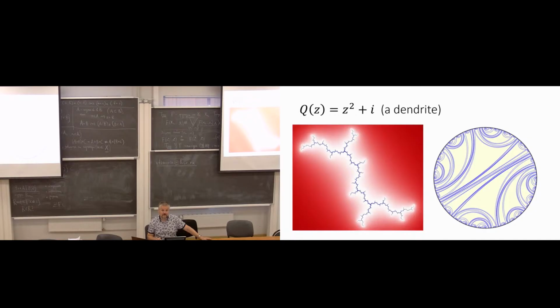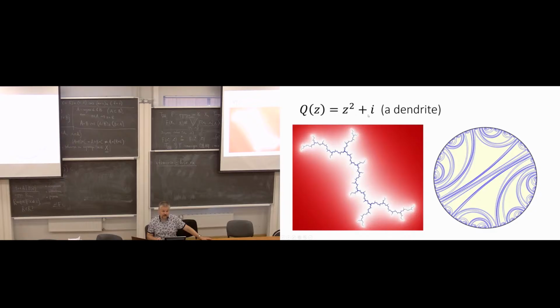But this doesn't give you a recipe for constructing this lamination. So a more precise recipe is that first of all, you need to draw some diameter of the disk. And this diameter will represent a critical point that happens to be in the dendrite. In contrast to other cases we considered, the critical point 0 lies right there in the dendrite.